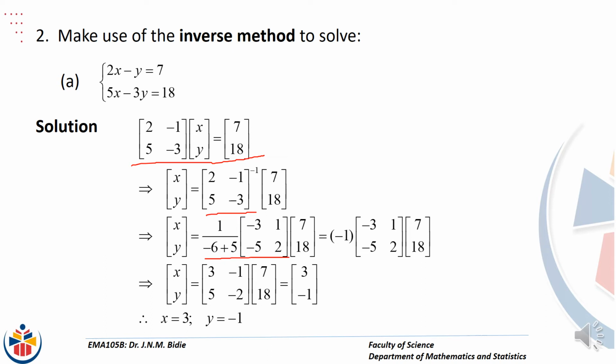You remember that is 1 over the determinant of the original matrix multiplied by, you interchange A and D and change the sign of B and C. And then work it out, and then you multiply now your A inverse with C so that you get the final answer.